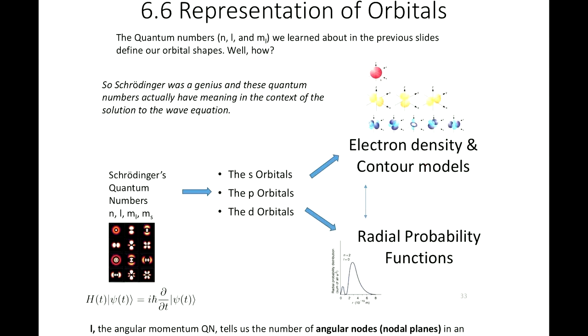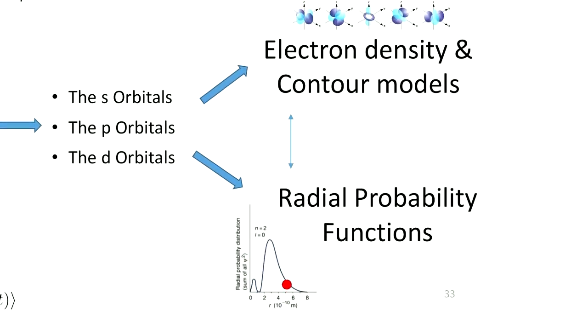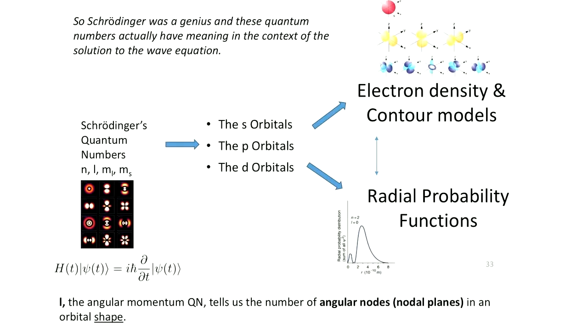We can represent where to find electrons two different ways. Either we can use electron density models like you've seen here, the sphere, the dumbbell, the butterfly, or we can use radial probability functions, these graphs, to also tell us similarly where we will find electrons, but using polar coordinates instead.